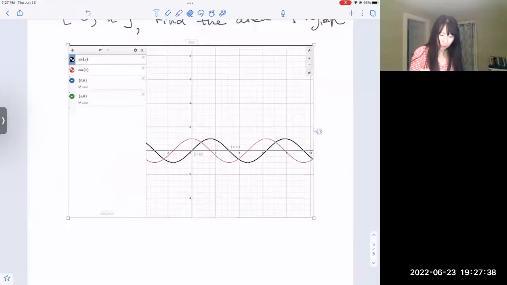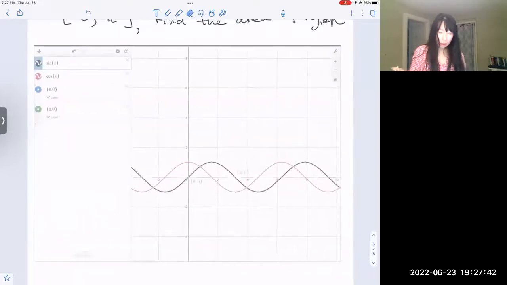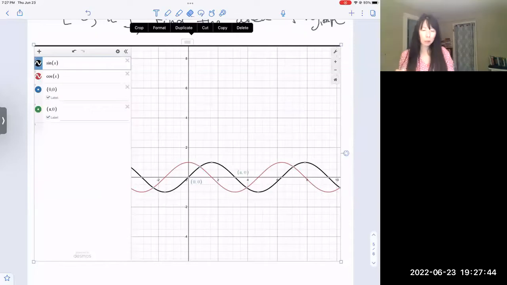I wanted to save time, so I prepared it already. Now the black one here is sine x because sine starts at 0, right? And cosine x is the red one in this case because it starts at 1, right? All right, then we want to find, let's see.